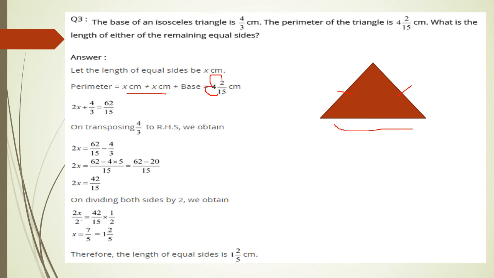Children, this 2 and this 2 get cancelled. 2 ones are 2, 2 twenty-ones are 42. So the resultant fraction obtained is 21 by 15.